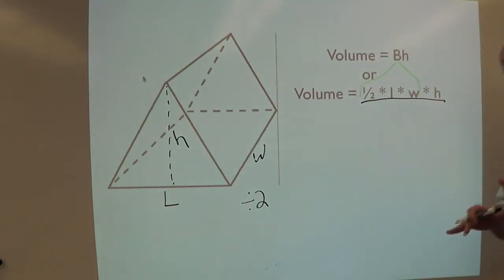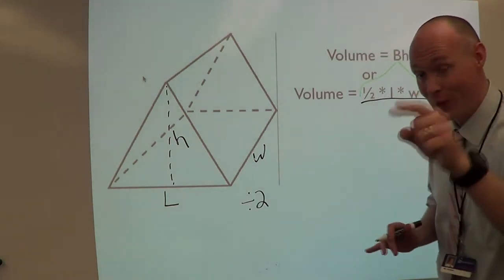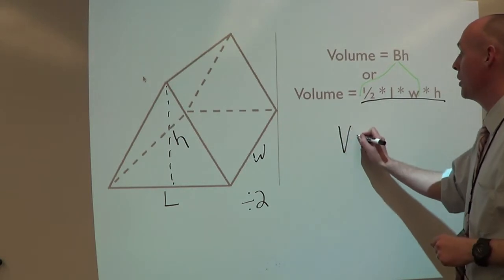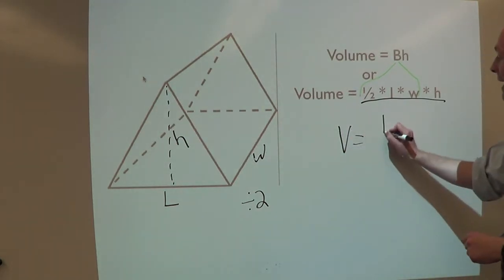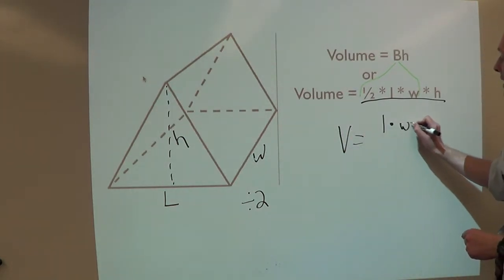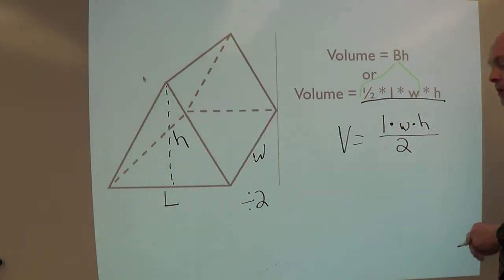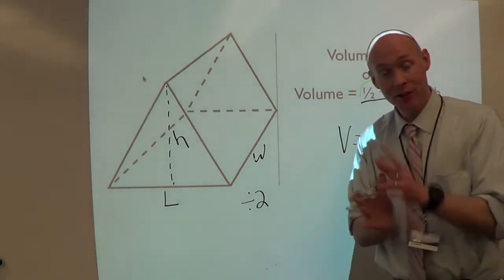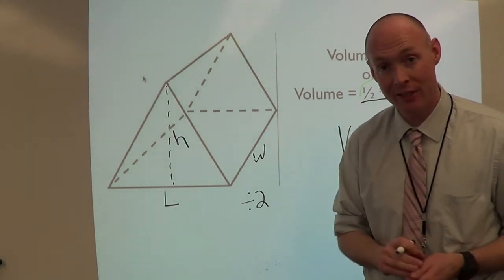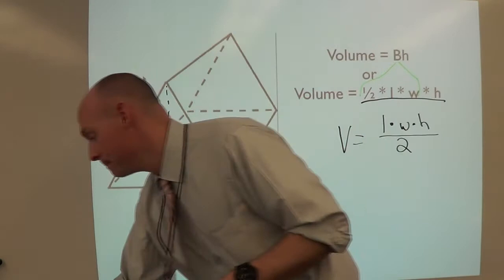So you should write down that volume could also equal length times width times height divided by 2. Okay? Remember, triangles divide by 2. Don't forget that step. Let's put it to work.